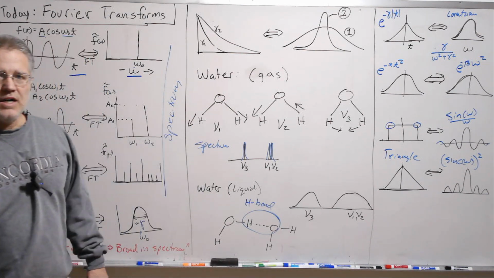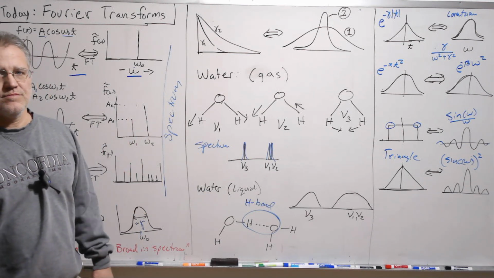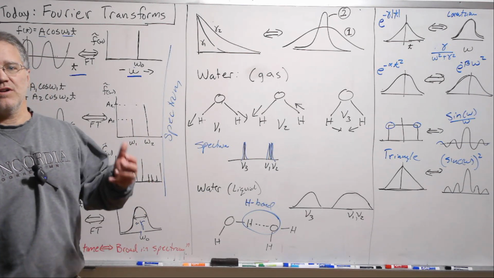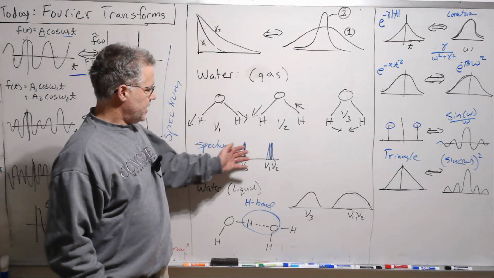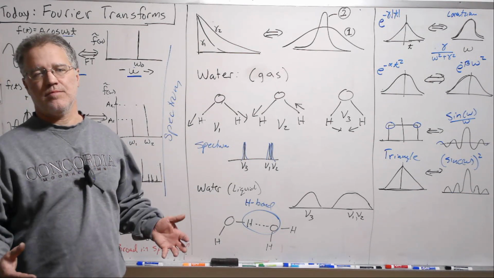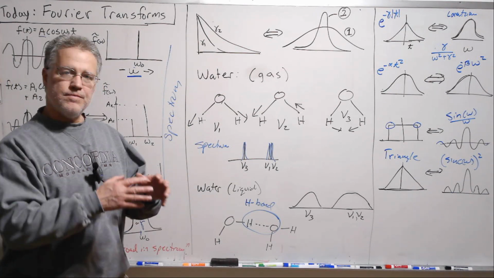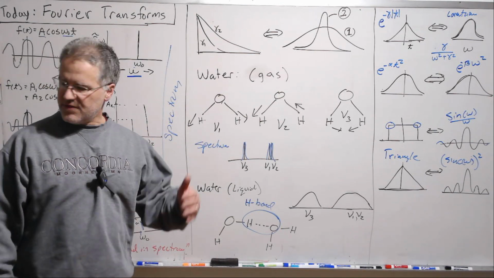Water with 3 here was an example, but we could have benzene or carbon tetrachloride or whatever, and we might get a spectra that's quite complicated and would look extremely complicated in the time domain, but it sorts itself out nicely in the spectrum. All right, so that's Fourier transform.